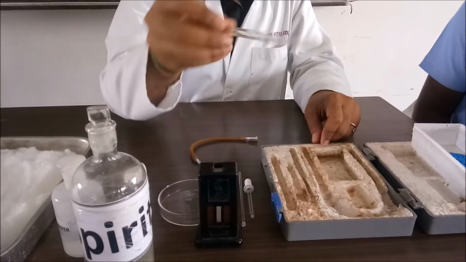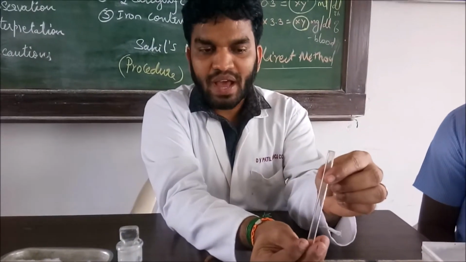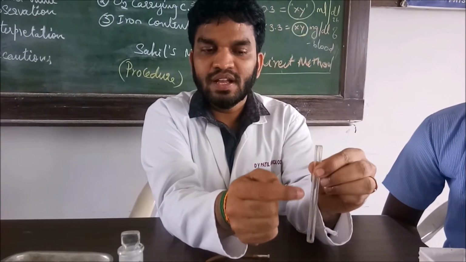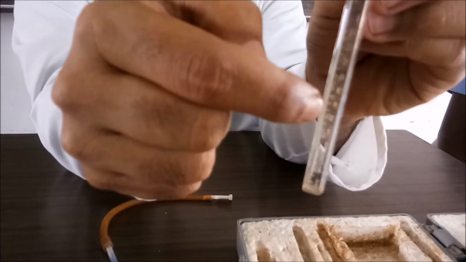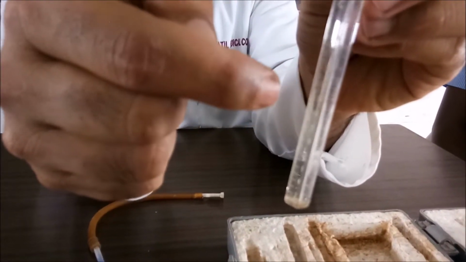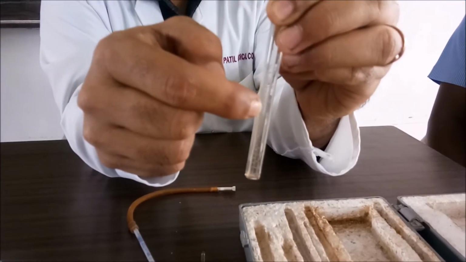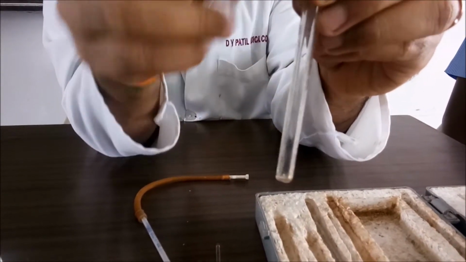This is Sahli's tube. Sahli's tube has two markings, one yellow and one red. The yellow denotes the hemoglobin content present in this blood sample, and the red denotes how much percentage is saturated in the same blood.